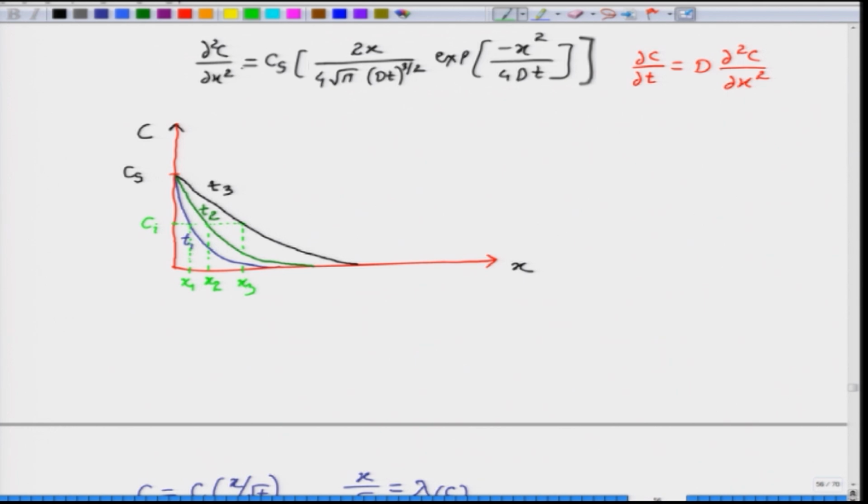What this relationship tells me is that x1 by root t1 equal to x2 by root t2 equal to x3 by root t3 and so on, is a constant lambda, which is a function of C i.